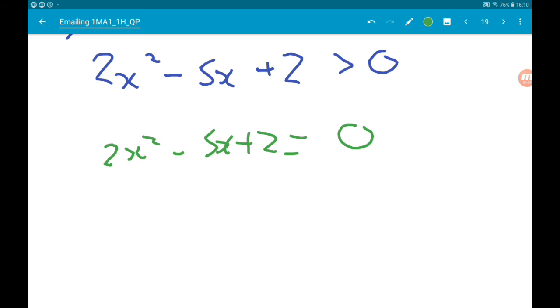So hopefully we can factorise it. So because we got a 2x squared, we're going to need a 2x, and an x in the second bracket. Okay, now we have a positive 2 at the end, but a negative number in the middle.